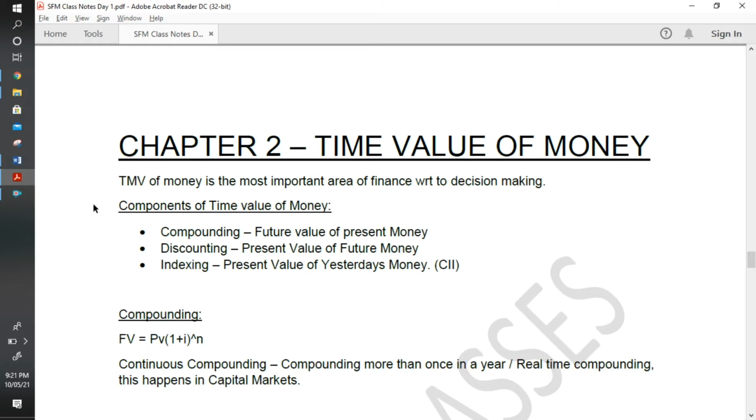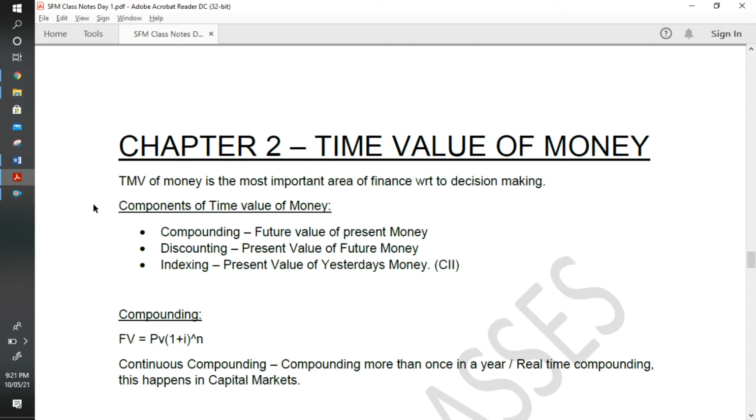The same amount now and in future has different value. Exactly right. And it is important to know how the time value of money is calculated, so that we can take better investment decisions depending on the period and the return we are expecting.